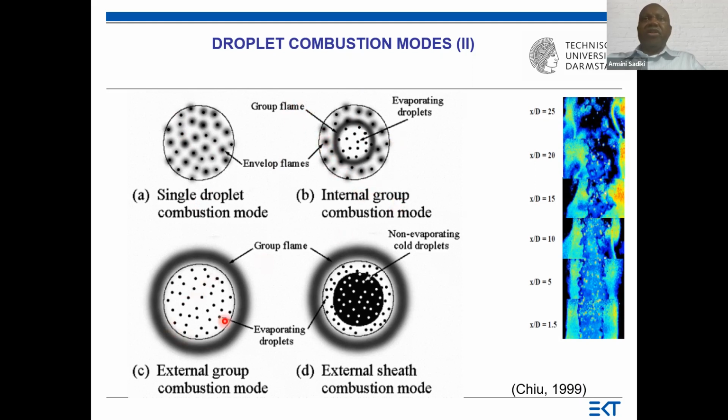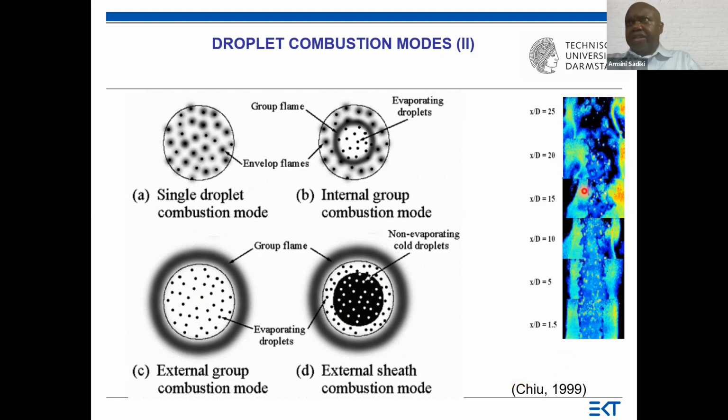We have this external group, where everything is evaporating within, but not completely, and we have the flame which surrounds all these droplets. And here we have the combined parts. So we have non-evaporating cold droplets, and here we have evaporating, and the flame is there. And this was proposed by Xu, 1999.